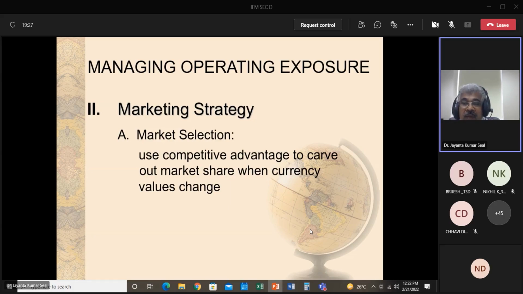So I can always charge a price which suits me, and in that case I will not be affected by the exchange rate changes. But if my competitors are present there, naturally there will be a problem. So I lose my export competitiveness if my currency appreciates.